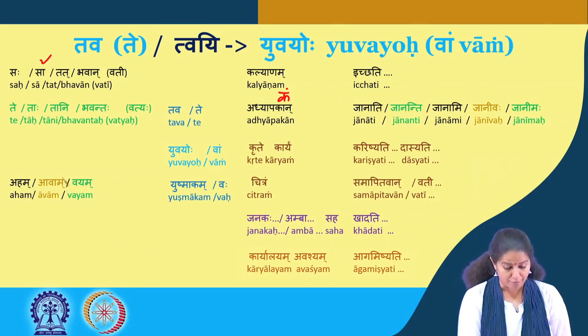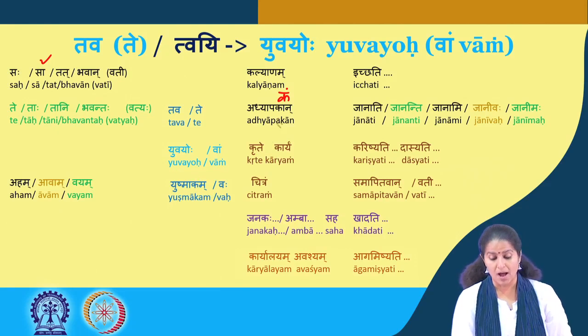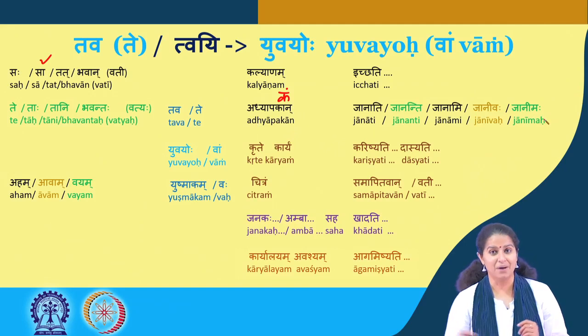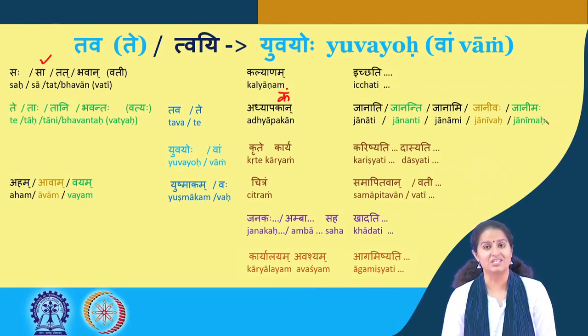Next, avam yuvayoho, so the two of us, yuvayoho adhyapakan janivaha. Finally, vayam yuvayoho adhyapakan janimaha. Astu, is that clear?